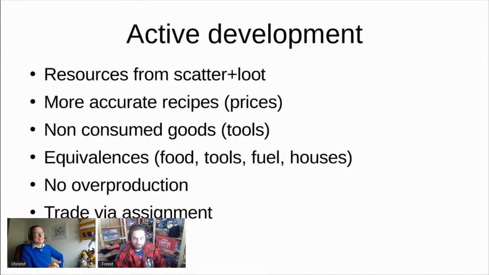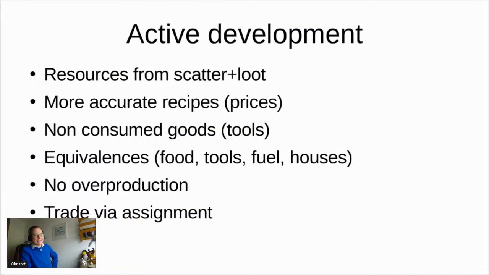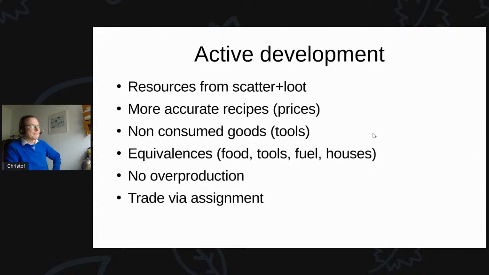Current active development. This is what's in the EconSim rework branch. I'm currently working on gathering resources for a specific chunk, because all these chunks are basically assigned to a specific city. So the city draws the resources from access to chunks.